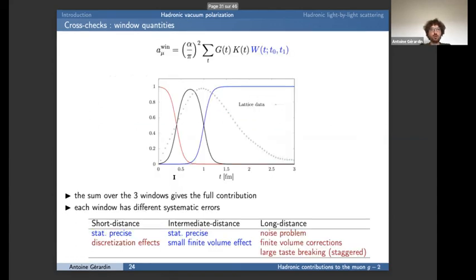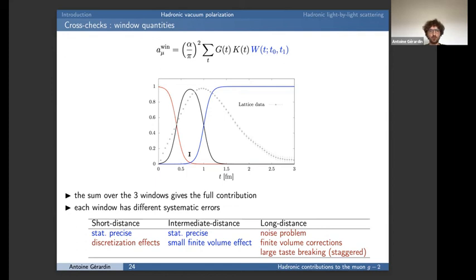This observable is what we call the window quantity, which is defined here. If you set W equal to 1, you just end up with the previous formula, which is just the full HVP contribution to mu. So now we will just multiply this integrand, where G is a two-point function and K is this QED kernel, by a window quantity.